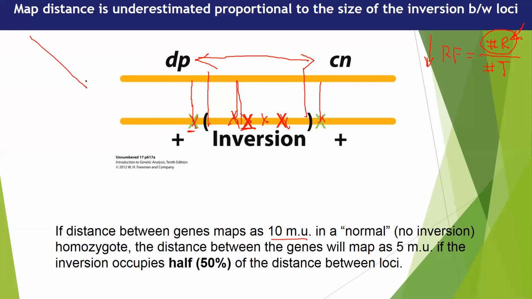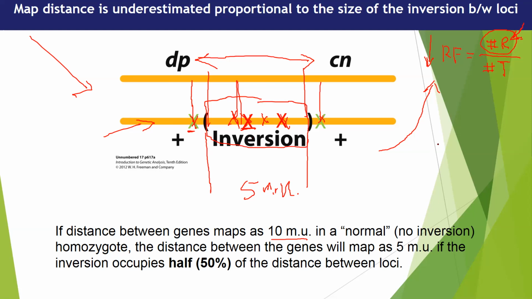However, if we do a test cross like this, and one chromosome has an inversion, and the inversion covers 5 map units, then if you do the test cross and use this formula to calculate the genetic distance between these two genes, this region is totally gone. So you cannot observe any recombinant resulting from crossing over in this region. So you only get this part and this part.